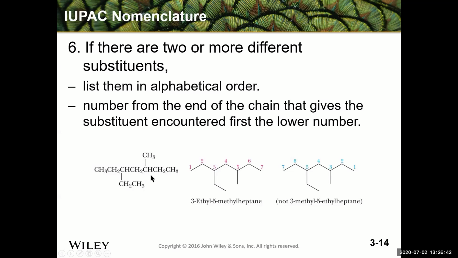But the question is the numbering. Well, if we number from this end here, 1, 2, 3, 4, 5, 6, 7, it's the number 3 carbon where we encounter the first substituent. Now, if we number from the other end, 1, 2, 3, 4, 5, 6, 7, we also encounter 3 here, it's the same thing.